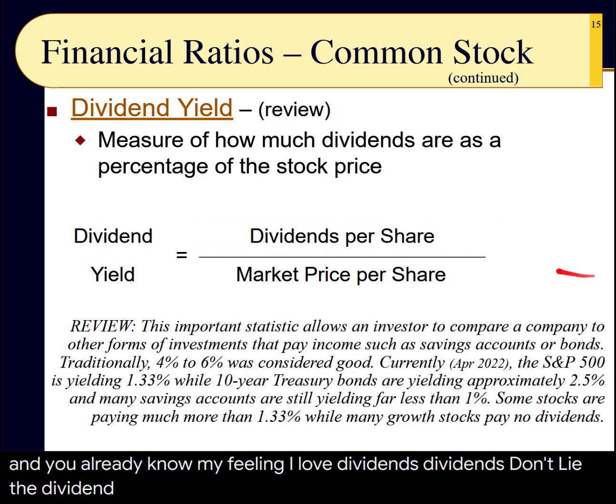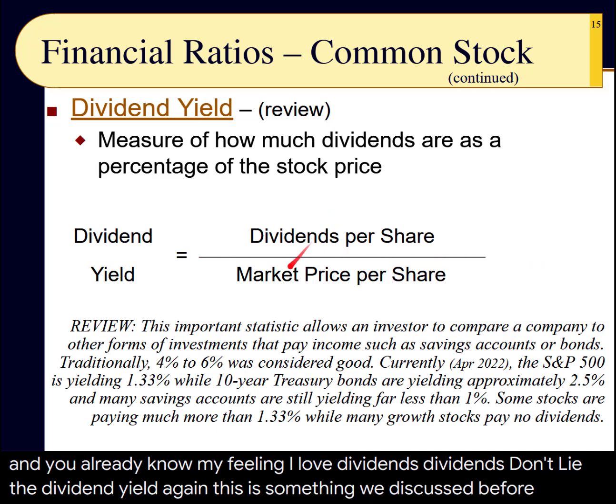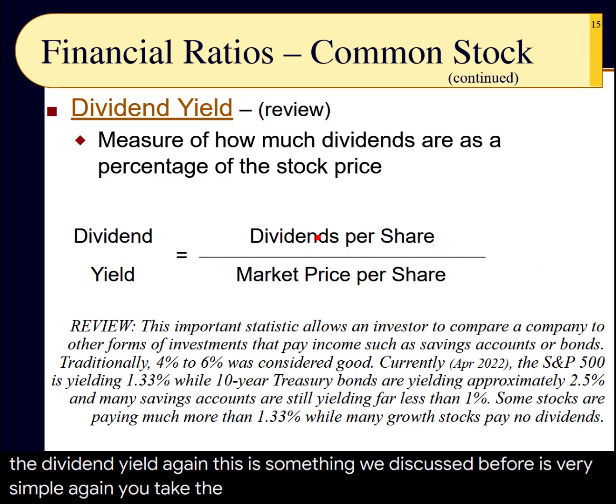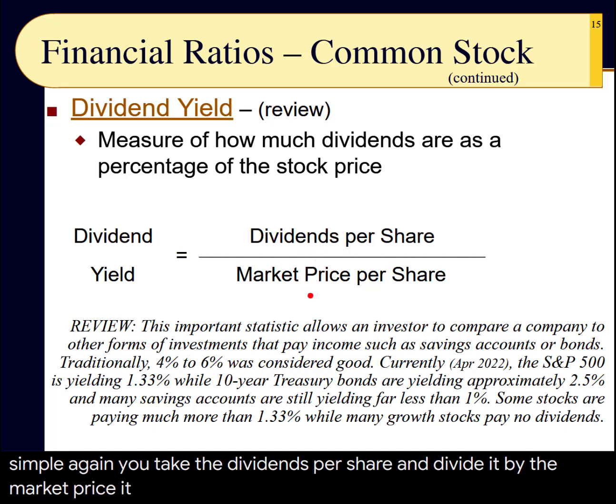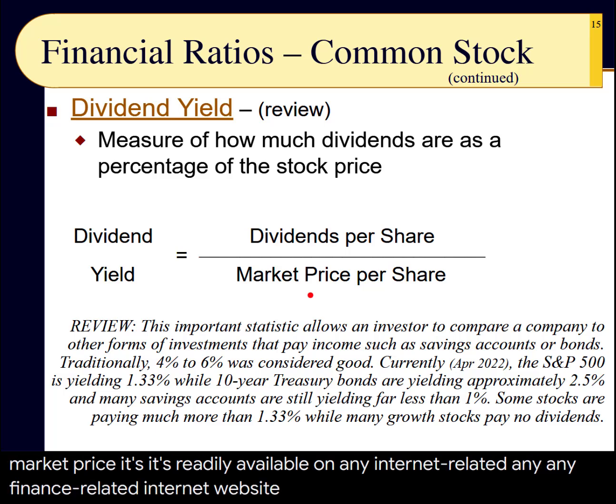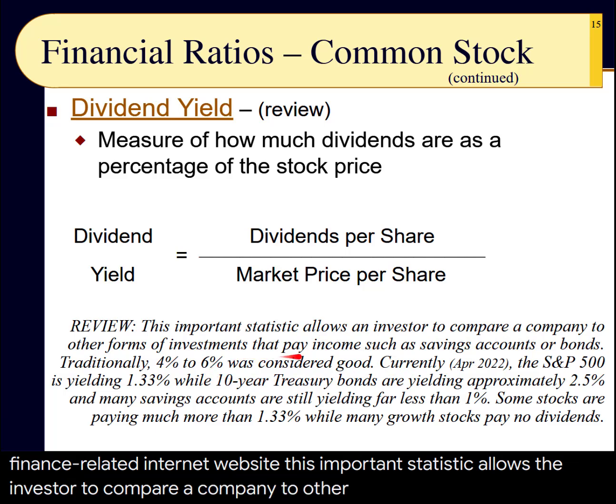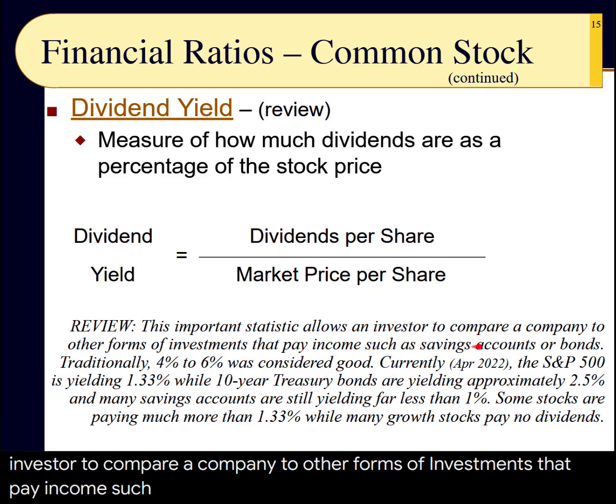The dividend yield, again, this is something we discussed before, is very simple. Again, you take the dividends per share and divide it by the market price. It's readily available on any finance-related internet website. This important statistic allows the investor to compare a company to other forms of investments that pay income, such as savings accounts or bonds.